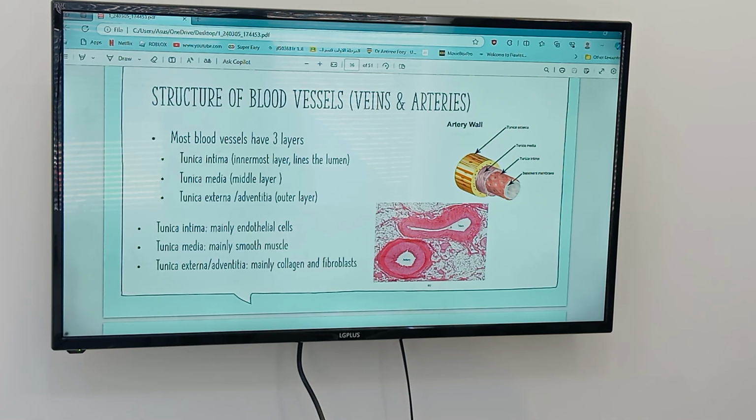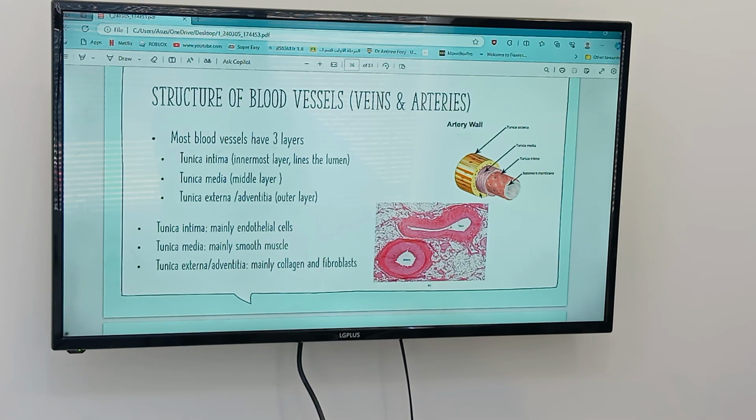Tunica intima is made of endothelial cells, while tunica media is mainly smooth muscle. Tunica externa is the outer membrane.